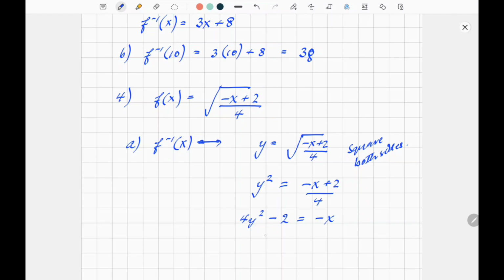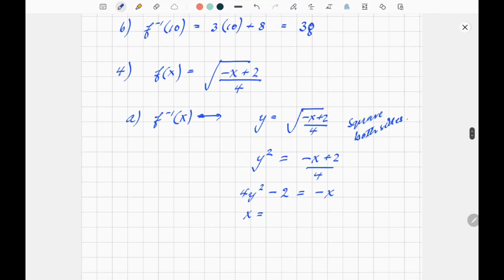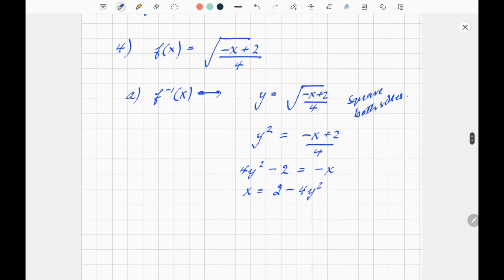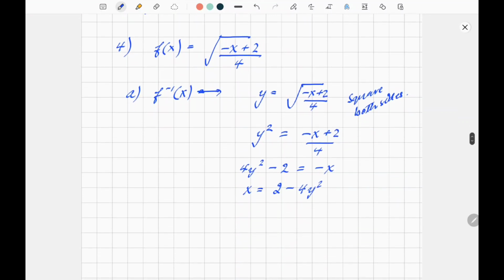So effectively x equals 2 minus 4y squared. And then remember we have to swap the x and the y. So y equals 2 minus 4x squared. That is the inverse function.